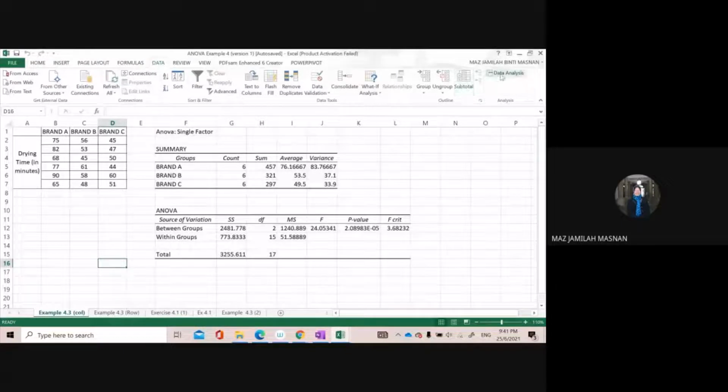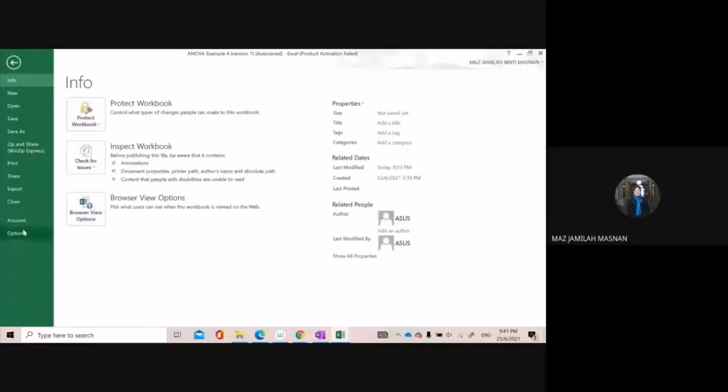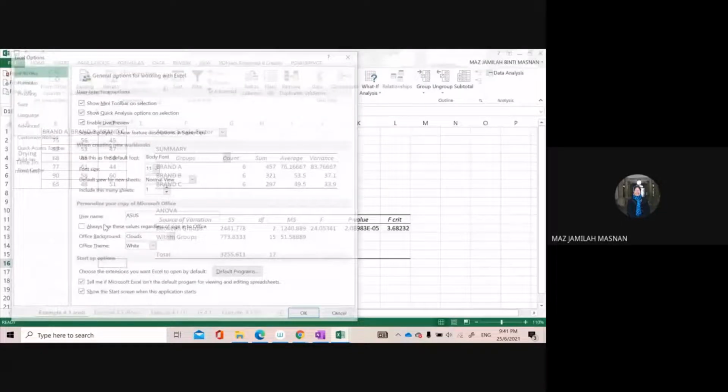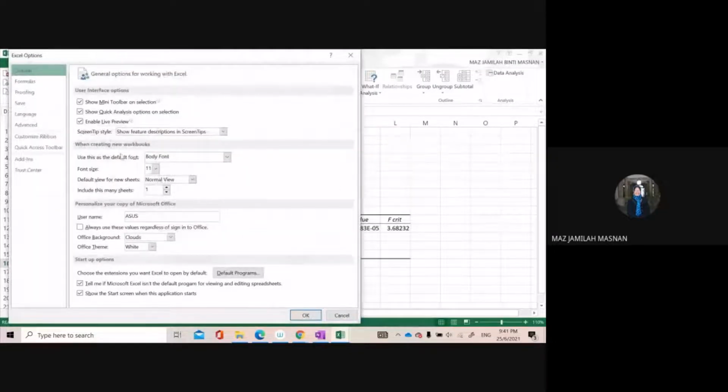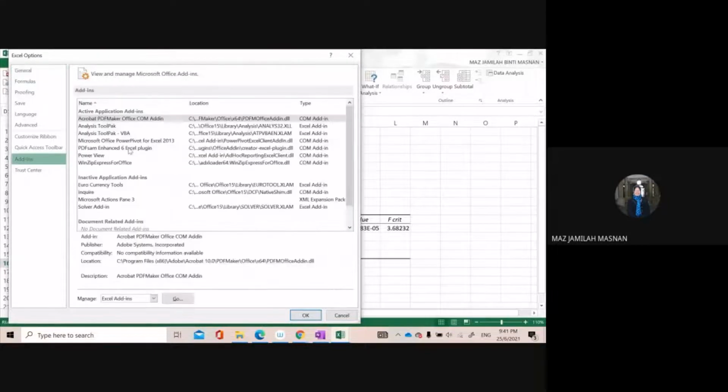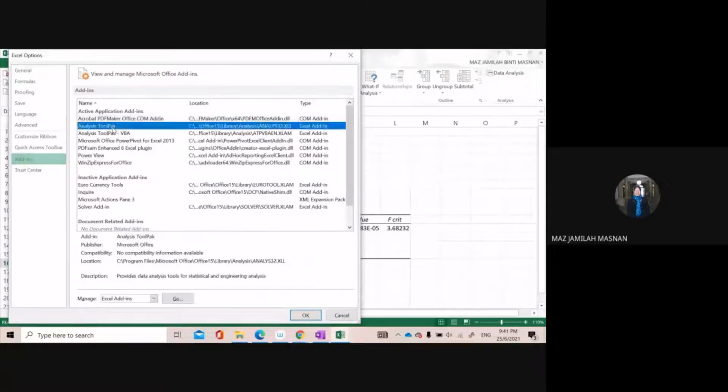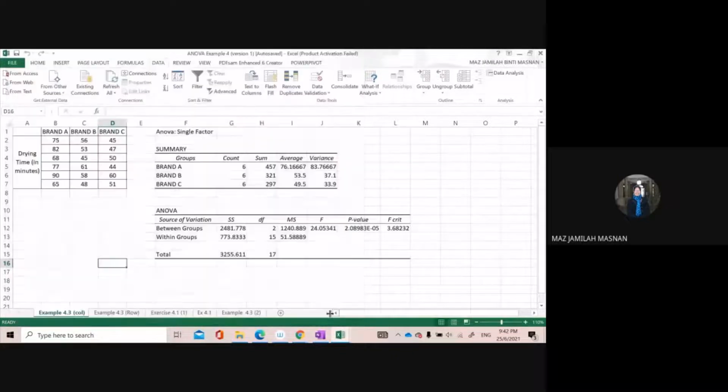If you don't have it, go to File, go to Options, and then go to Add-ins. In Add-ins, please add Analysis ToolPak here, click Go, and then click OK. Then everything will be inside your Data Analysis.